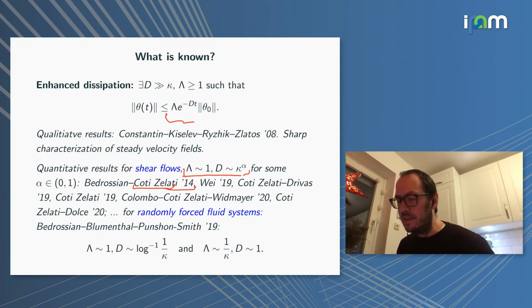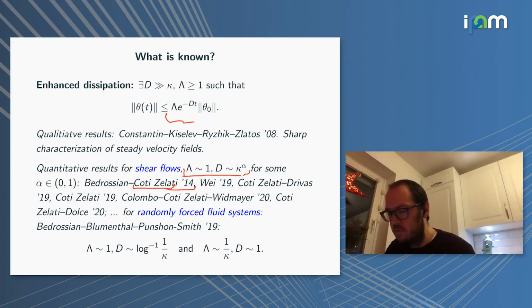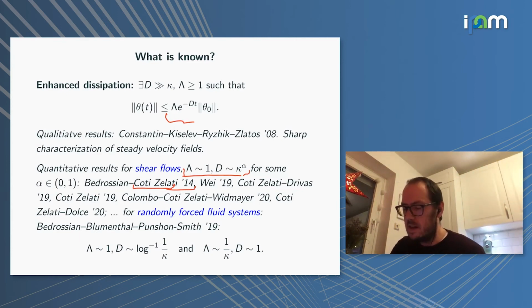The other result I'm aware of is also by this group, Bedrossian, Blumenthal, Punshon-Smith, for randomly forced fluid systems. These are Navier-Stokes equations with a random forcing, for instance in 2D, or Stokes equations in any dimension with a random forcing. And in this case, they are able to show two results.